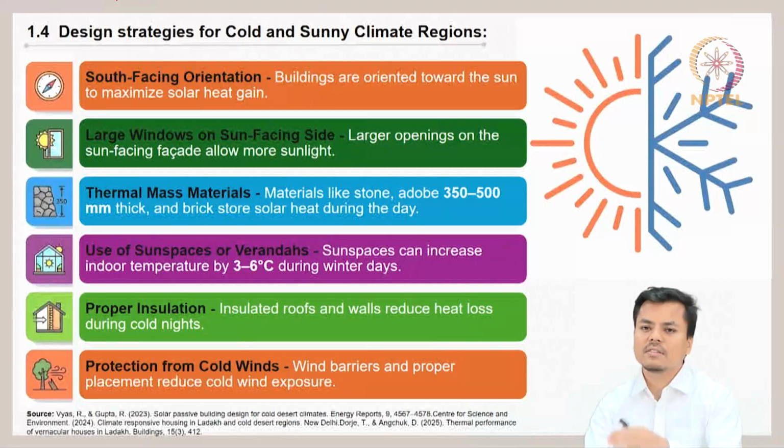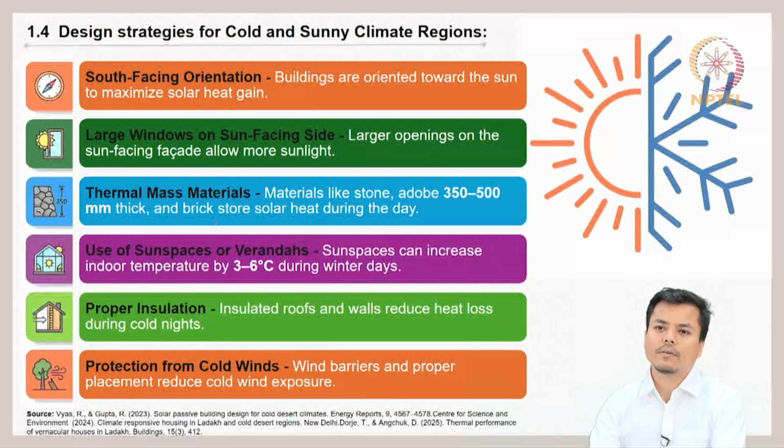So the design strategies that can be extracted from here are that the building has a south facing orientation, with large windows on the sun facing side. Thermal mass materials like stone, adobe blocks and brick are used. Sun spaces or verandas like solariums are to be added in the design, some kind of greenhouse to trap sunlight as much as possible.